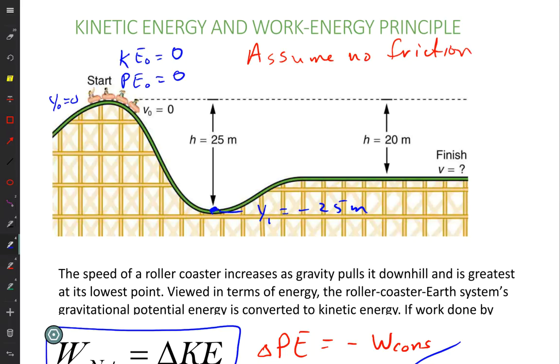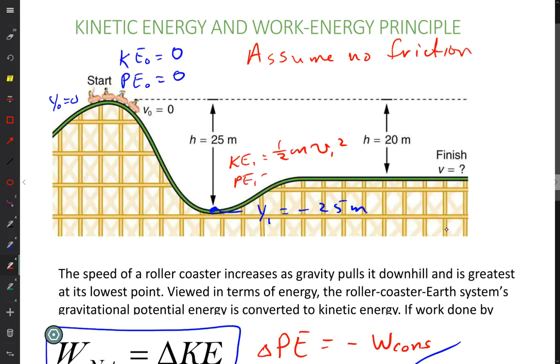And now I need to know what my kinetic and potential energies are at the bottom. So in terms of equations, what's my kinetic energy 1 going to be? Right, 1/2 m v1 squared. And my potential energy 1? Go ahead, answer.